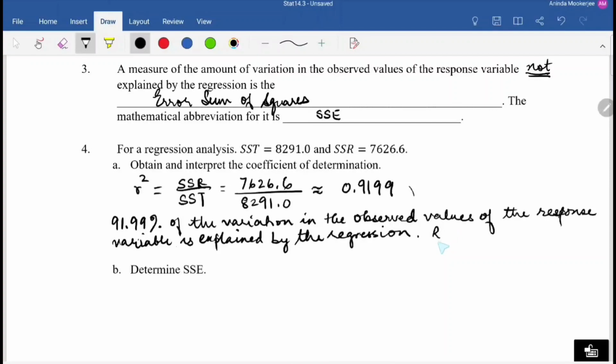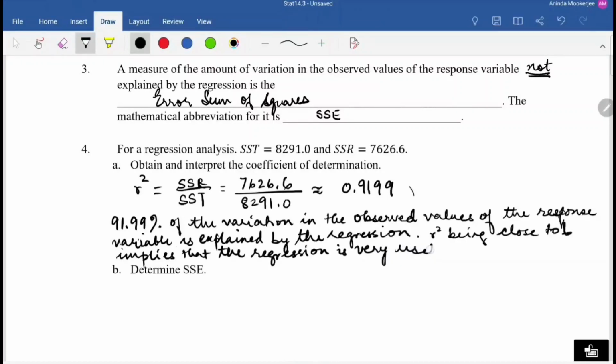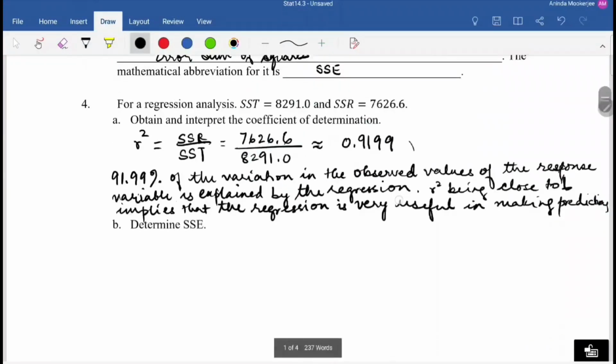R squared, and that should be a small r squared, being close to 1 for this example implies that the regression equation is very useful in making predictions. So it's a pretty good equation, whatever equation it relates to.